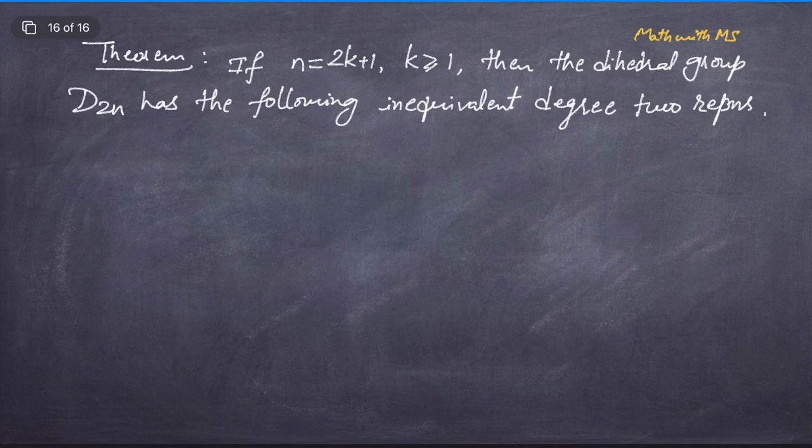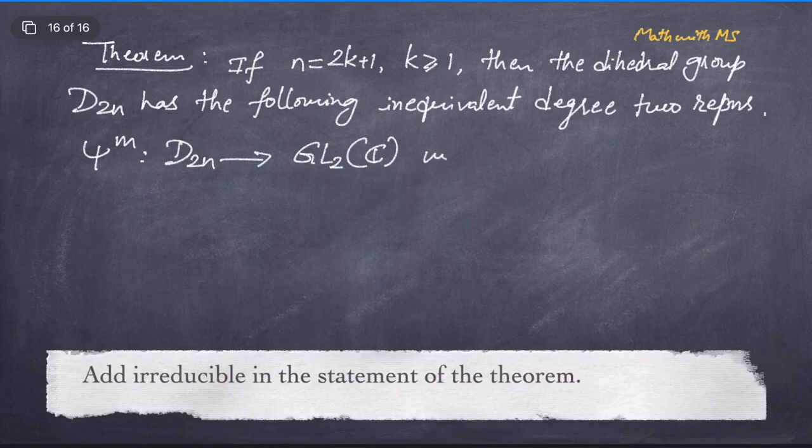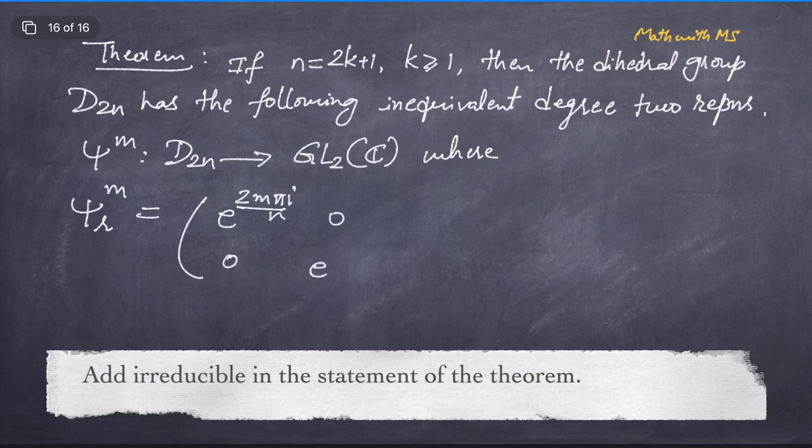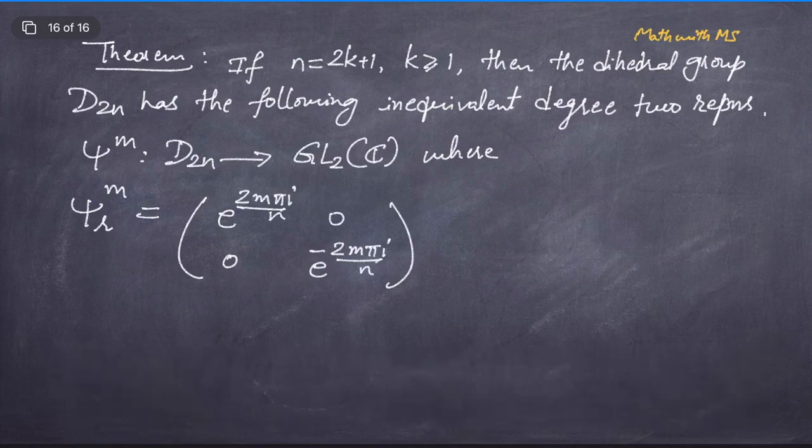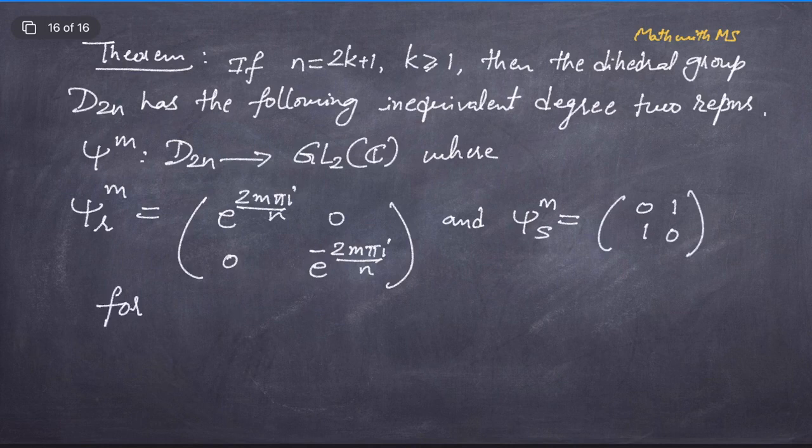And they are given by, again, psi m from D2n to GL2 of C, where psi m at R is this matrix e to the power 2 m pi i by n, 0, 0, e to the power minus 2 m pi i by n, and psi m of S is the matrix 0, 1, 1, 0, for m bigger than or equal to 1, less than or equal to k.